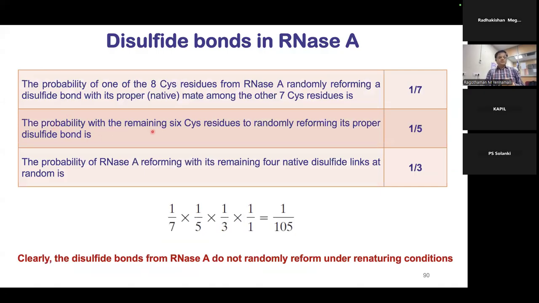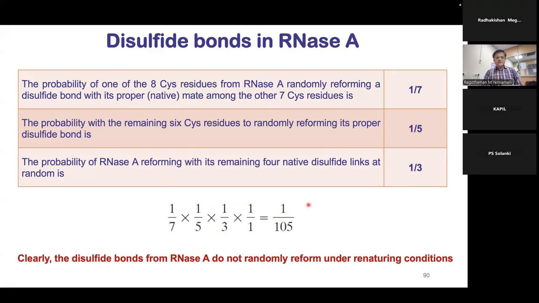To remember how complex this issue is, if you have 8 cysteines, you can make 4 disulfide bonds. If you already have one disulfide, then the probability of the remaining 6 forming a proper disulfide bond is 1/5, and then for the remaining 4 it is 1/3. If you take a calculation, you will see that there are 105 different combinations among these 8 that can form a disulfide bond.